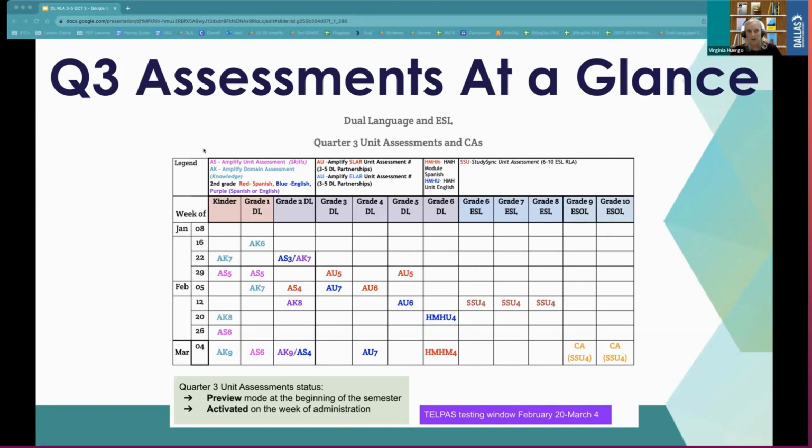This is because as teachers read it and have concerns, we are receiving feedback and modifying them. So these assessments are only activated the week of the assessment, following the pacing guide, okay? So please take time to preview the assessments, and if you have any concerns, email us so that we can forward it to the assessment coordinator, okay?